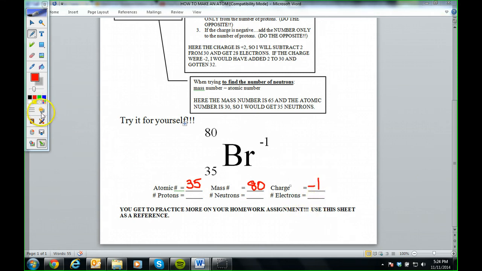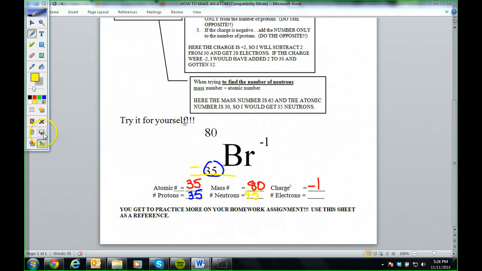Please put the negative. So now let's use some different colors. What is the number of protons? Well, the protons are 35. In yellow, let's figure out neutrons. Well, neutrons are protons and neutrons mass number minus the protons. So 80 minus 35, neutrons is 45.